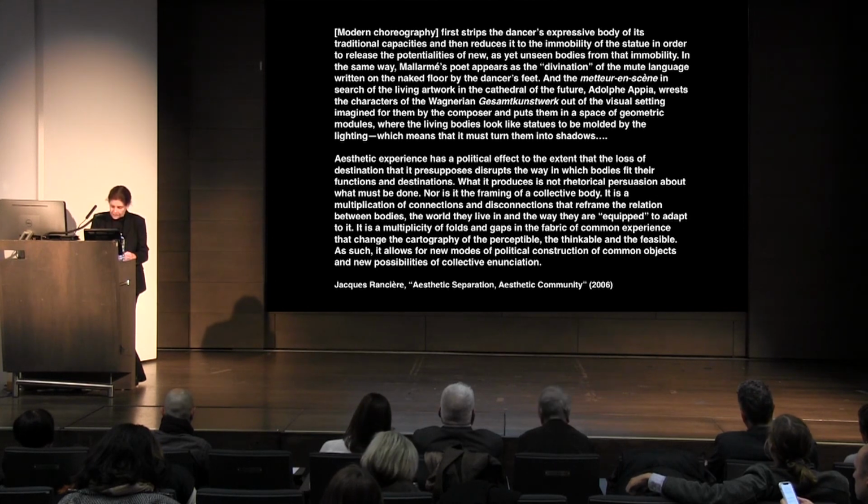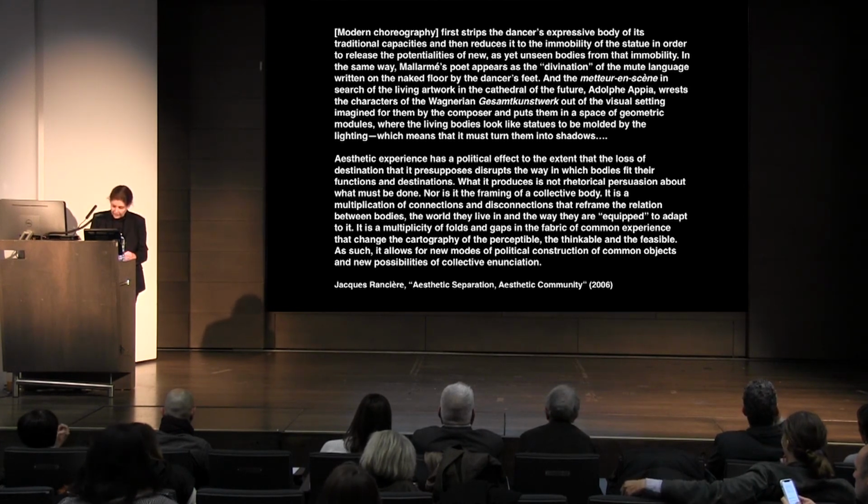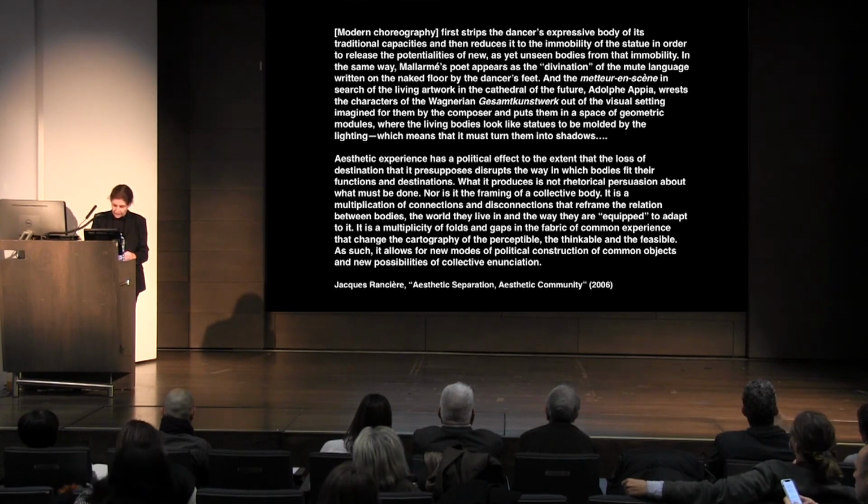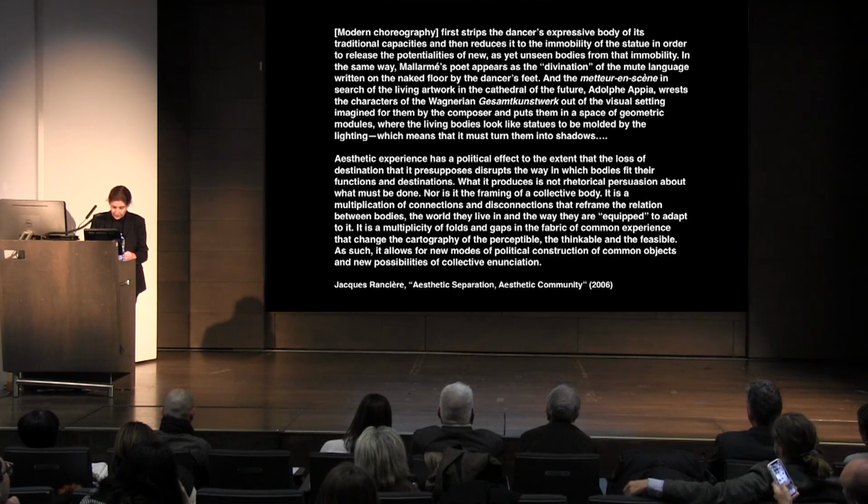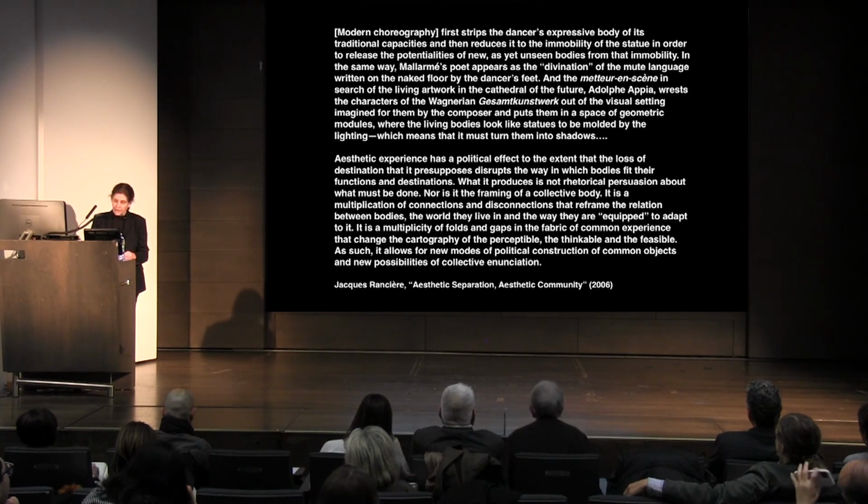And the metteur en scène, in search of the living artwork in the cathedral of the future, Adolphe Appia, wrests the characters of the Wagnerian Gesamtkunstwerk out of the visual setting imagined for them by the composer and puts them in a space of geometric modules where the living bodies look like statues to be molded by the lighting, which means that it must turn them into shadows.